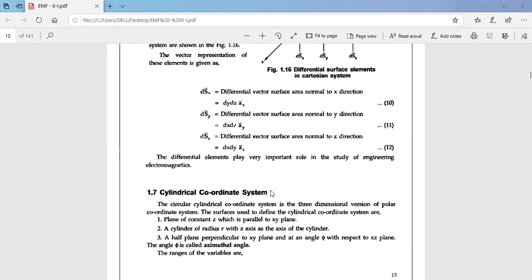Okay, so we have looked at differential length, differential volume, and differential surface in the Cartesian system. So let's move along to the cylindrical coordinate system.